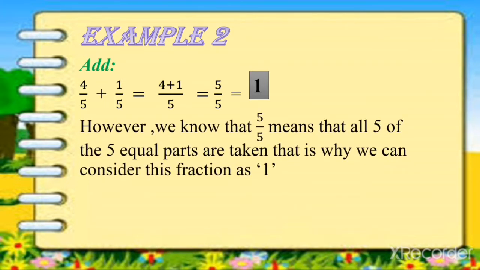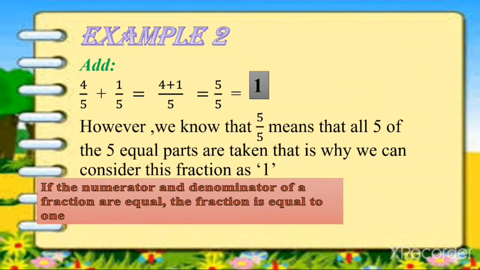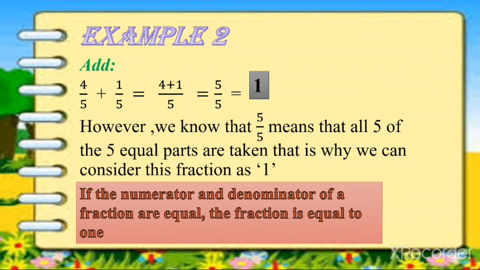However, we know that 5 upon 5 means that all 5 of the 5 equal parts are taken. That is why we can consider this fraction as 1. If the numerator and denominator of a fraction are equal, the fraction is equal to 1.